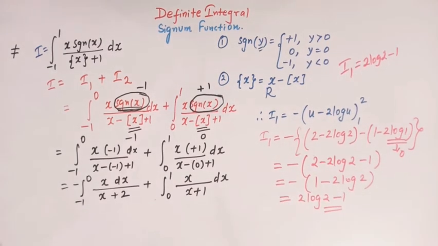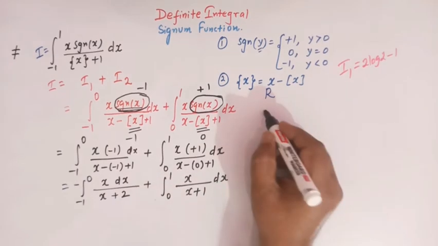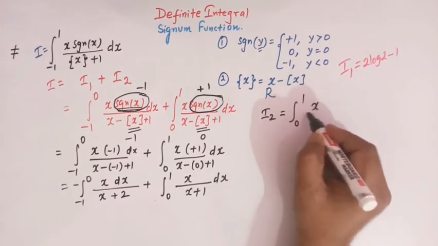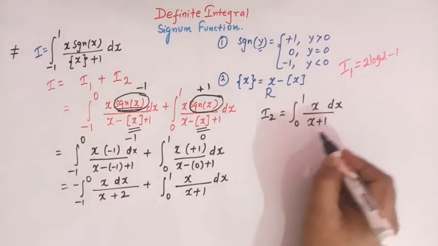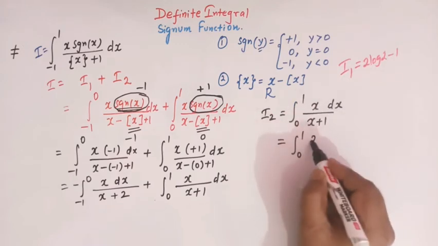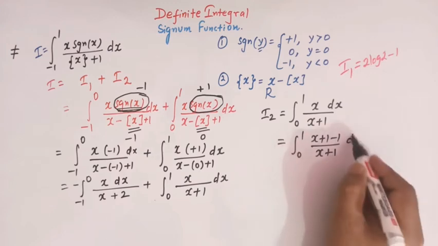Now let us calculate the value of I2. So now I2 is equal to 0 to 1, and we have x dx divided by x plus 1, and now we can write this x as x plus 1 minus 1 over x plus 1.